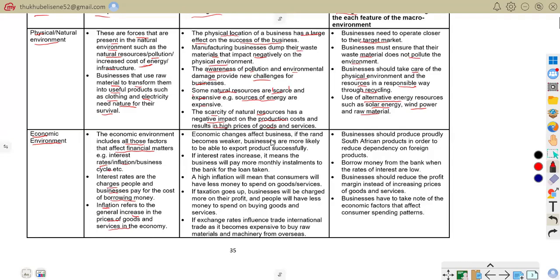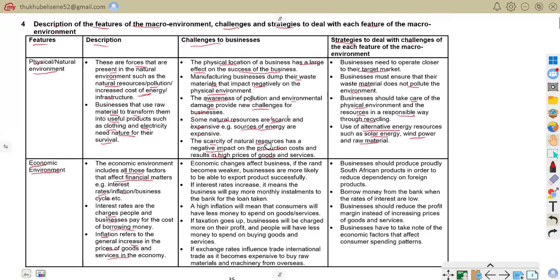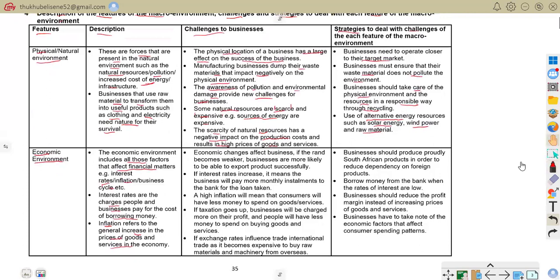Now we come to the challenges of this feature, the economic environment. As they are saying, economic changes affect business. If the rand becomes weaker, businesses are more likely to be able to export a product successfully.